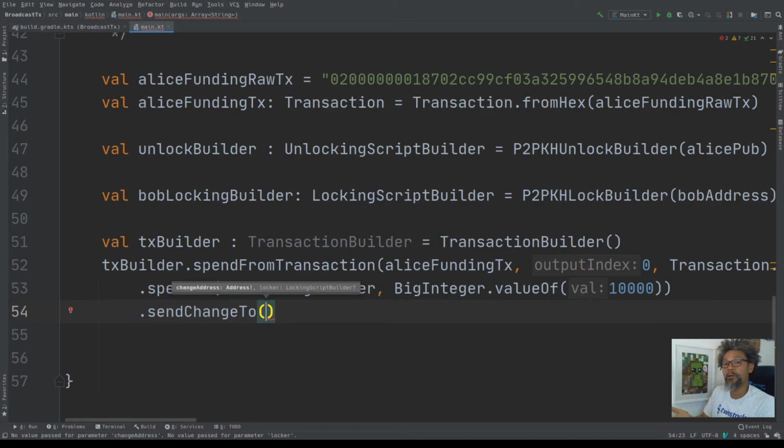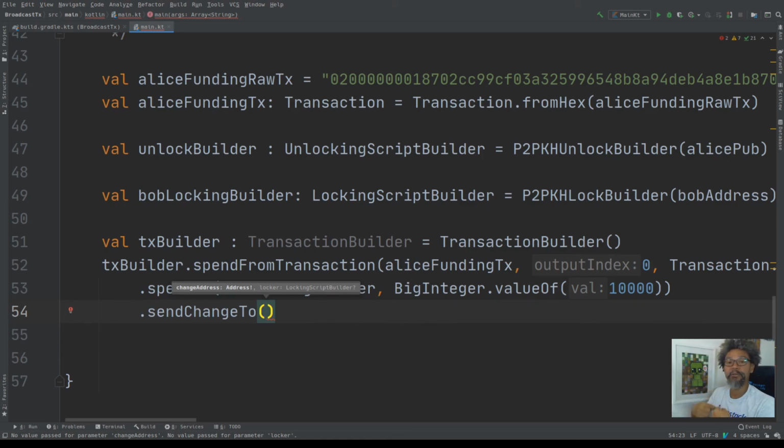In order for that to happen, there's going to be a huge amount of Satoshis left, like 9 Bitcoin and a lot of Satoshis left over from Alice's initial balance of 10 Bitcoins. So the rest of that, Alice wants to get that money back.